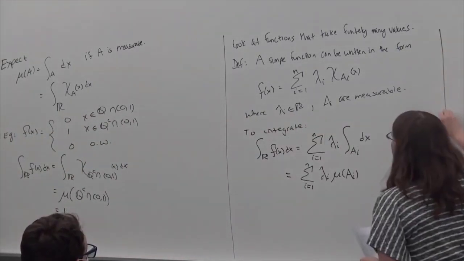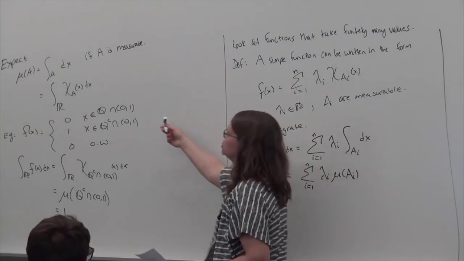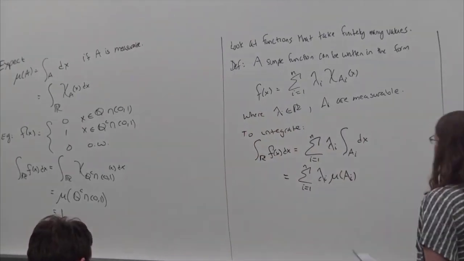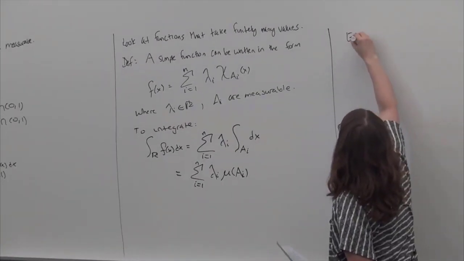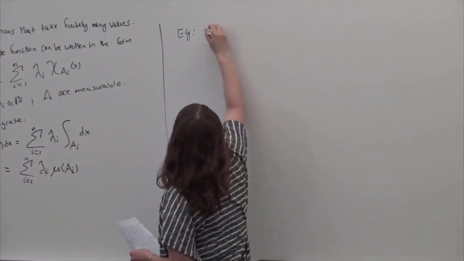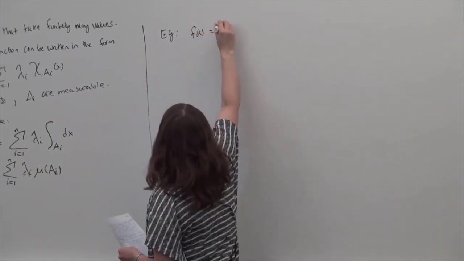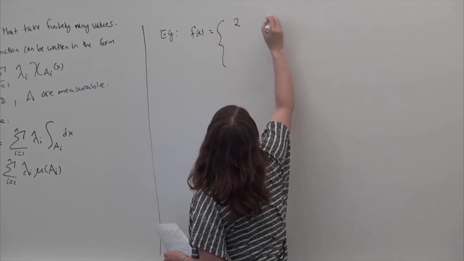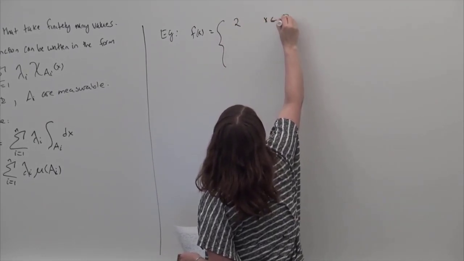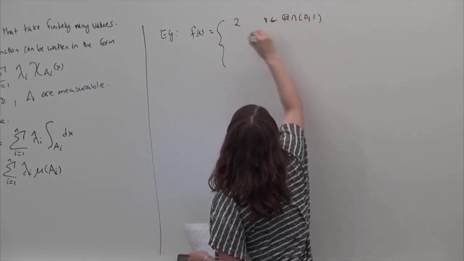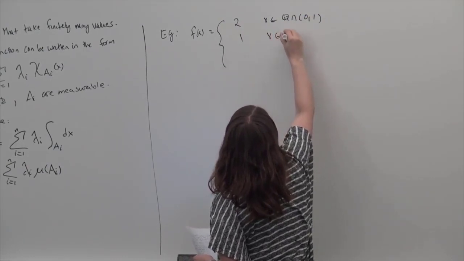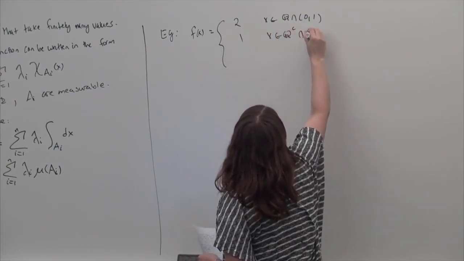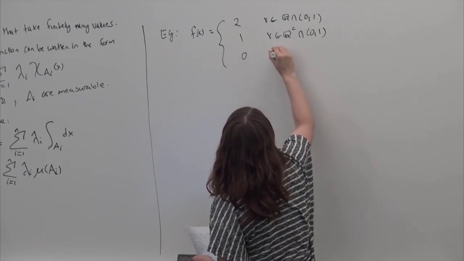Alright, so I could certainly generalize this one a little bit. Maybe I give it a different value on the rationals. I say let's let this function be equal to, say, 2 on the rationals, 1 on the irrationals, and 0 everywhere else.